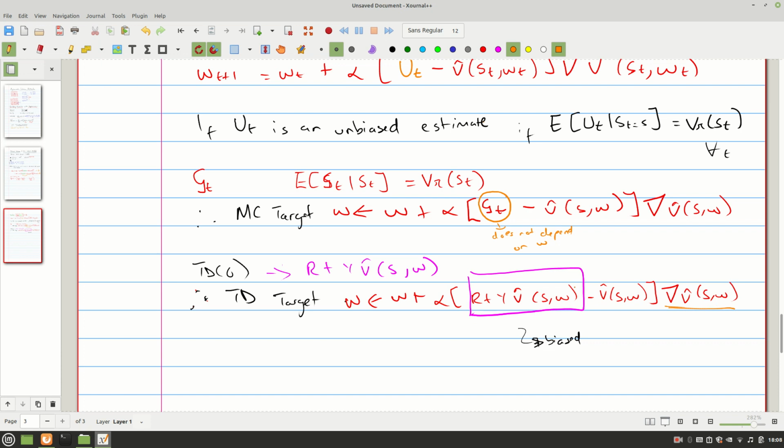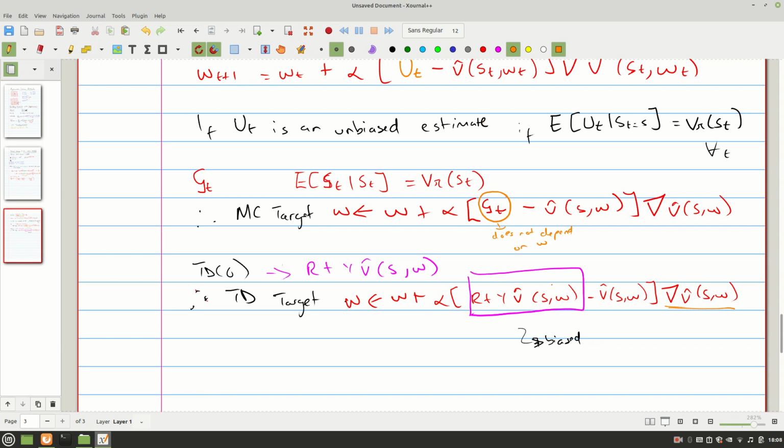So there's already a bias. We include the gradient for the estimate, but we don't include the gradient for the target.